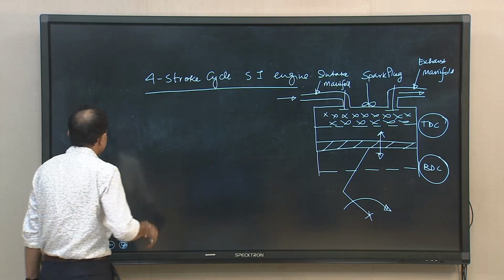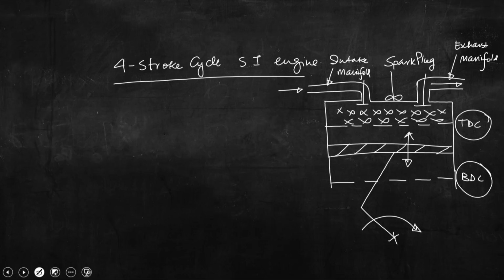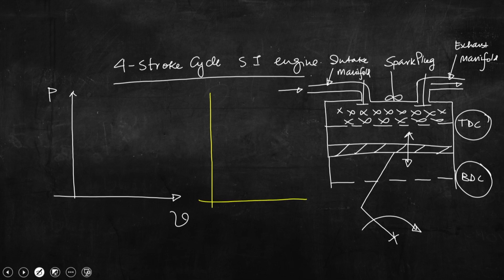So, let us now briefly discuss these processes, rather, let us represent these processes in thermodynamic planes. One of the most common thermodynamic planes is the PV plane. Similarly, we also need to map these processes in another thermodynamic plane, that is the temperature entropy plane.